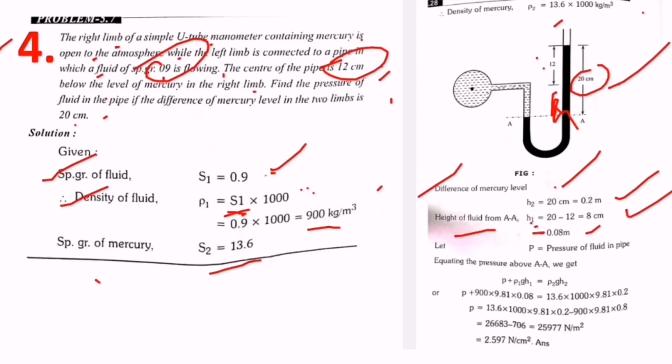Our question is to find the pressure of the fluid in the pipe. Equating the pressure above A, we get P plus rho 1 g h1 equals rho 2 g h2. Substituting rho 1 g h1, rho 2 g h2 values, we can take P to the left side, remaining values to the right side. We will get the final answer pressure as 2.5 Newton per centimeter square.